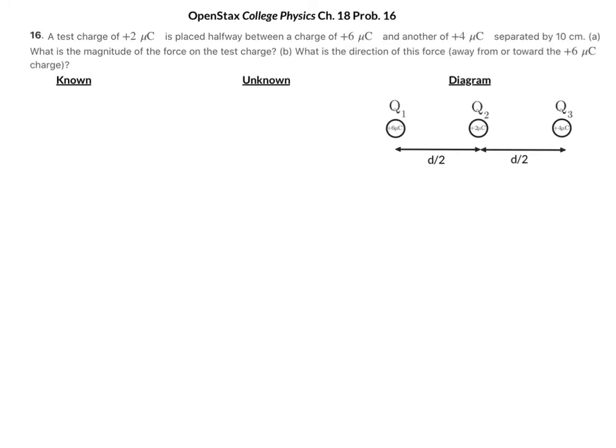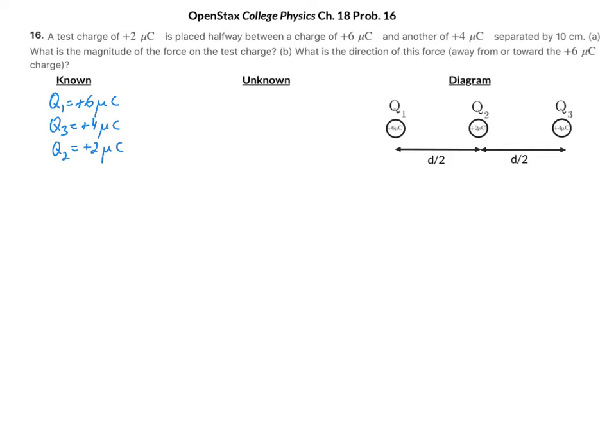So let's write down the things that we know, and I already drew a diagram here. I'm going to call the 6 microcoulomb charge Q1. So Q1 is plus 6 microcoulombs. I'm going to call the plus 4 microcoulomb charge Q3. So Q3 is plus 4 microcoulombs. And the test charge is going to be Q2, so that is plus 2 microcoulombs.